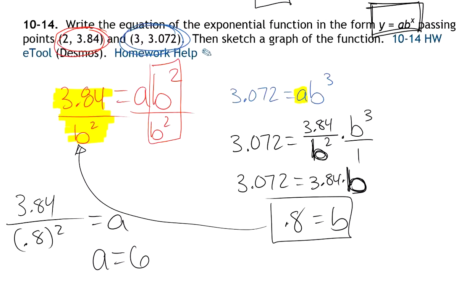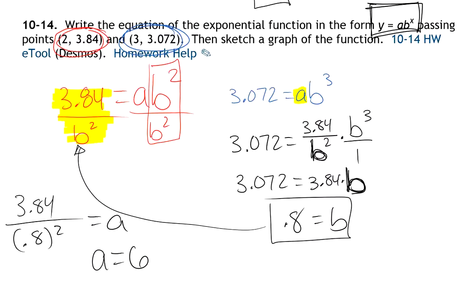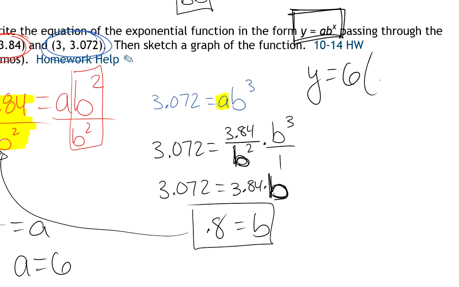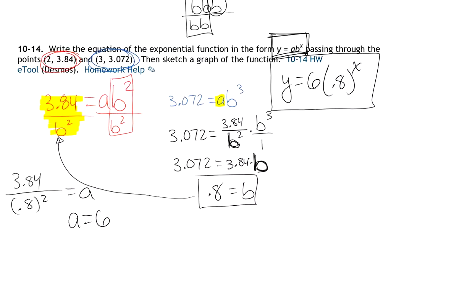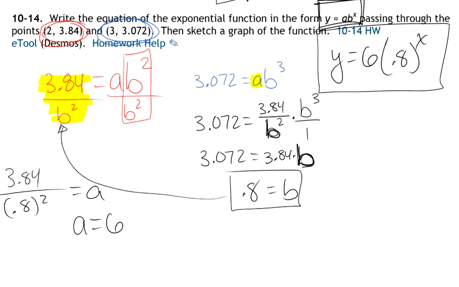That means the equation of this exponential curve is y equals 6, that's my zeroth term, times 0.8 to the x power. Now, as lovely as that is, and as much as I hope I'm correct, I should probably check it.